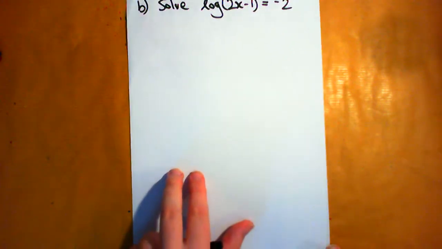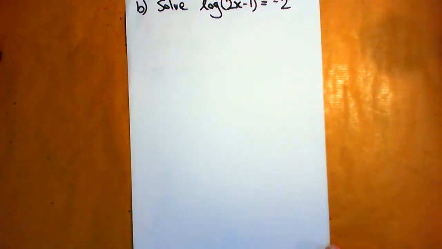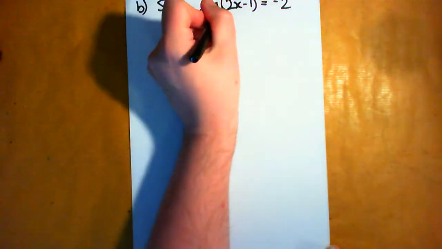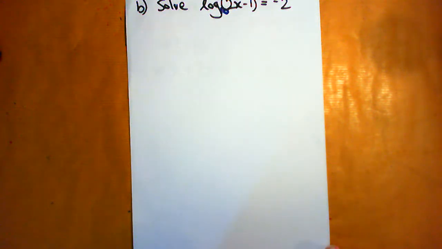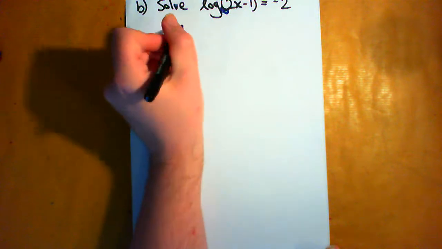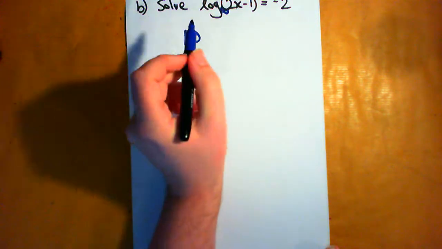Question B, we have another log equation to solve. We've got log of 2x minus 1 equals negative 2. Again, no base given in a log equation. Assume that that is 10. We want to write that in the form of y equals a to the x. So a is 10.